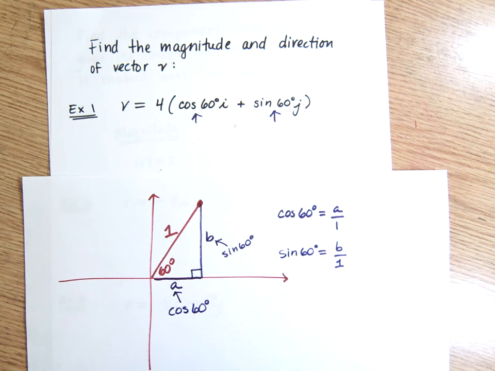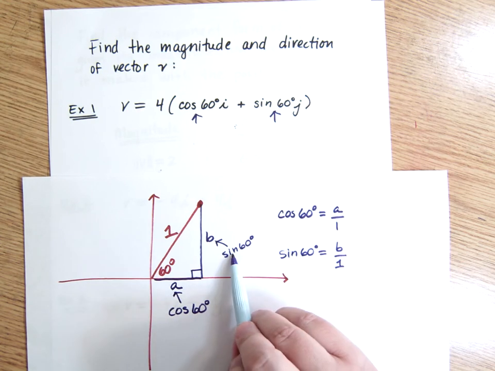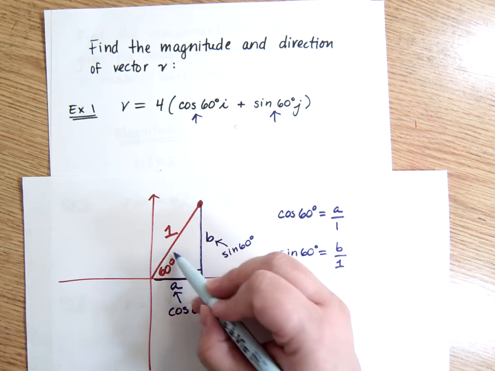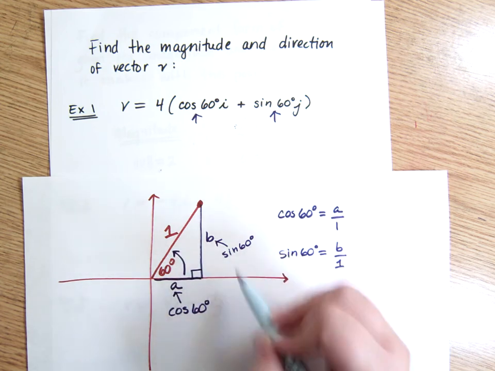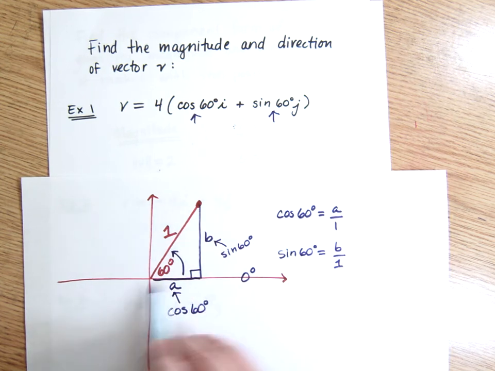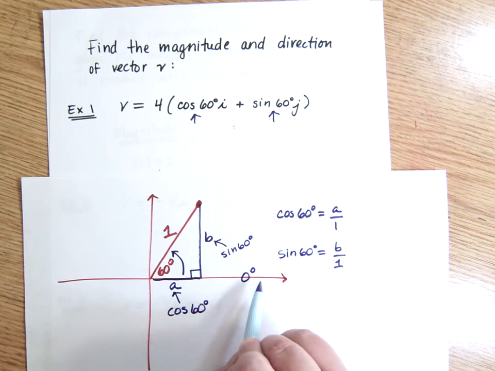So the direction of this particular vector is 60 degrees. Because a vector that has a horizontal component of cosine 60 and a vertical component of sine 60 is 60 degrees from 0. Remember, the right hand side, or the positive x-axis, is your 0.